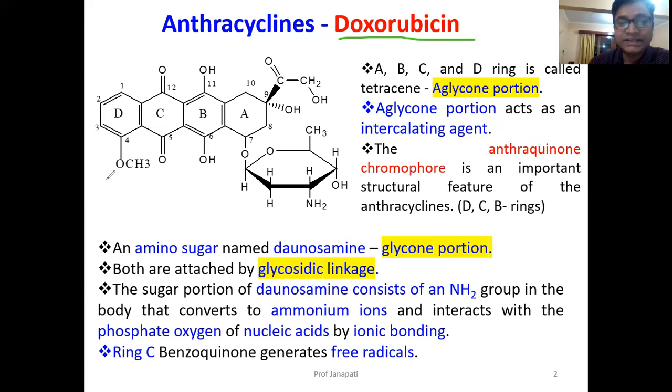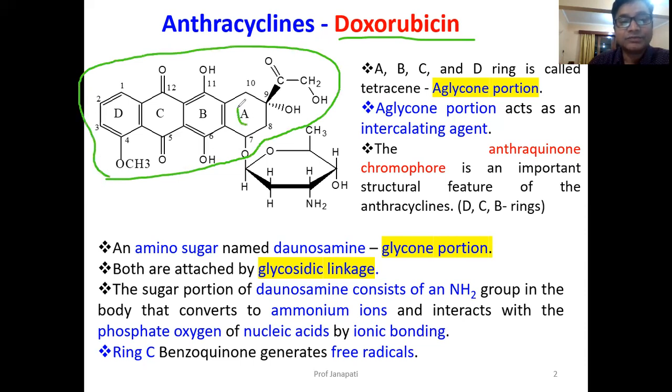Now, the A, B, C, D rings. This A, B, C, D ring is the aglycone portion. And this is the sugar portion, called daunosamine.